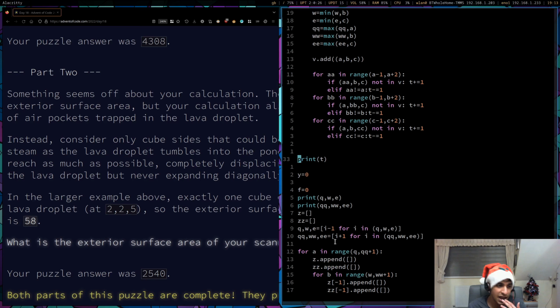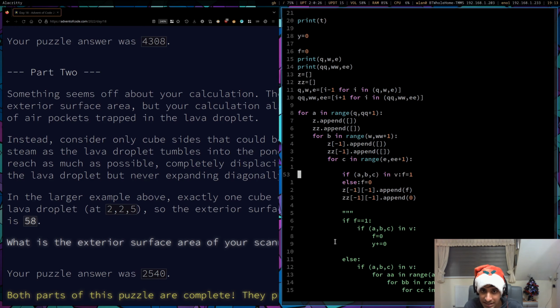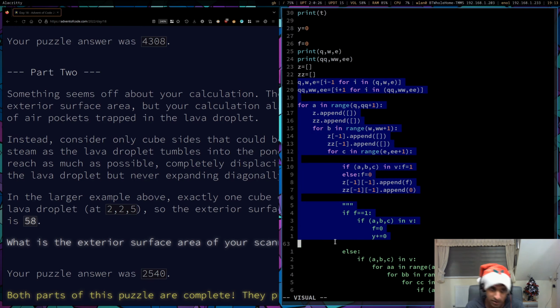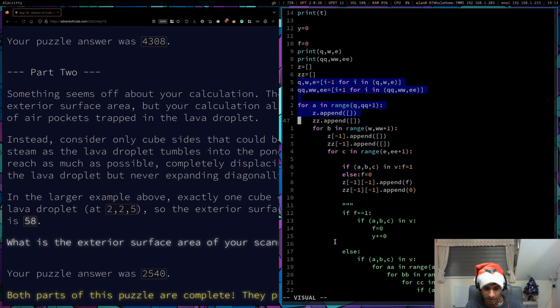In V is every block that's occupied with lava. The next thing I want to do is turn all of these blocks into a 3D array. So I have a 3D array called Z, or Z if you're American, which I'm sure most people here are.